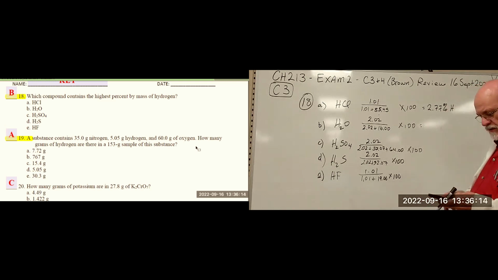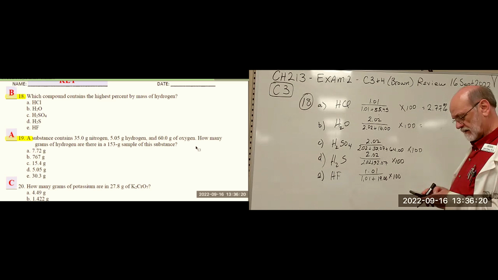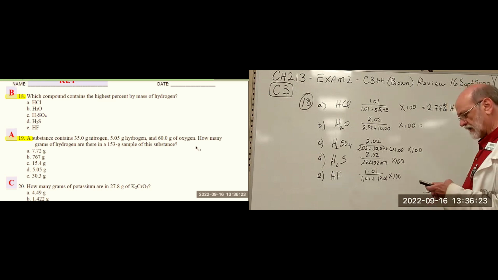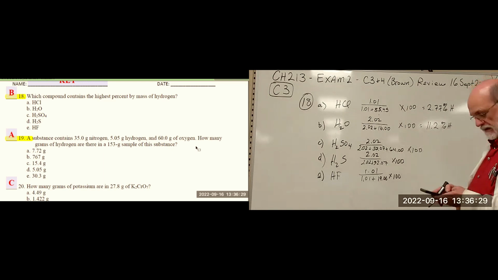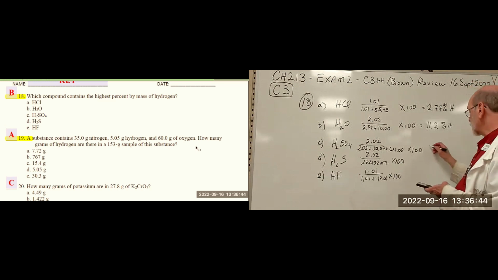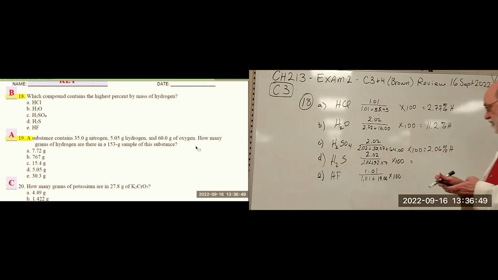Okay, 2.02 and then add 16 to it. Divide that, is 11.2%. Maybe it is right. And sulfuric acid, 32.07, 64, 2.06%. Make a liar out of me. 2.02 again, and 32.07 right here.